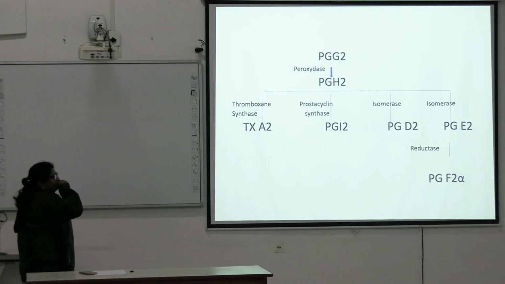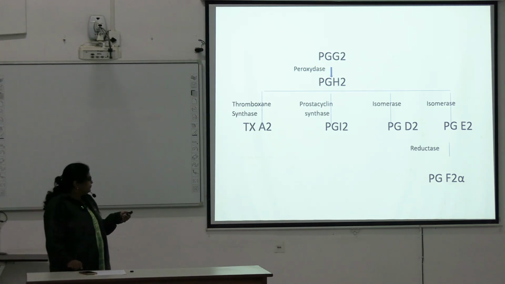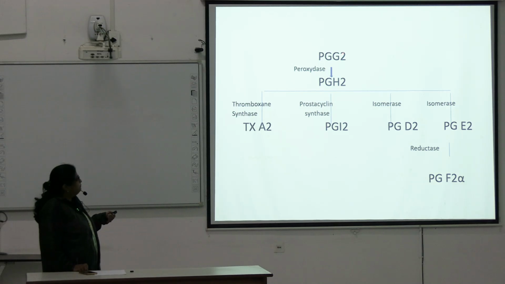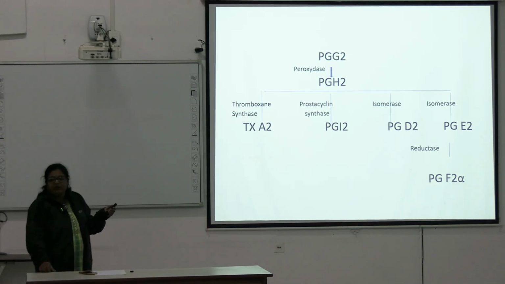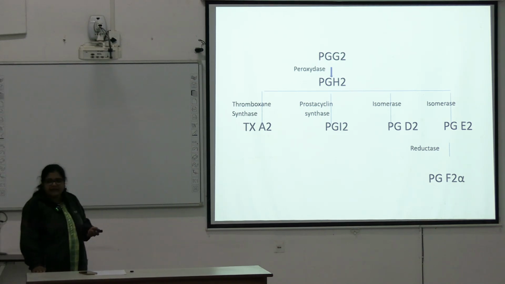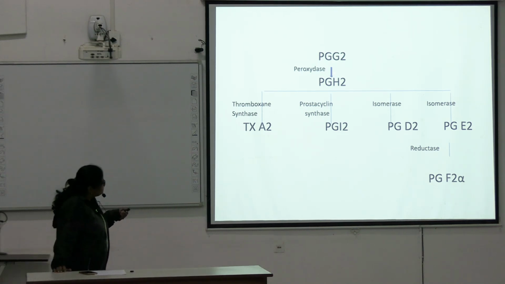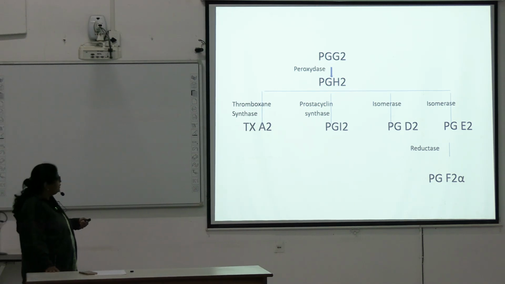Next, PGG2, which is produced by the cyclooxygenase enzyme from arachidonic acid, is converted by peroxidase to PGH2.